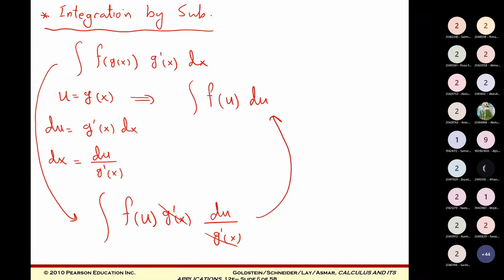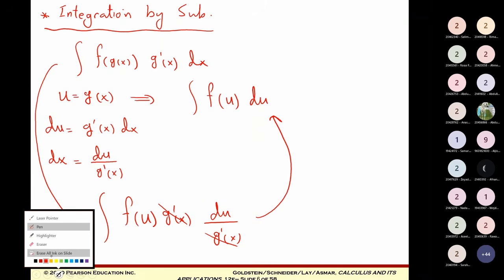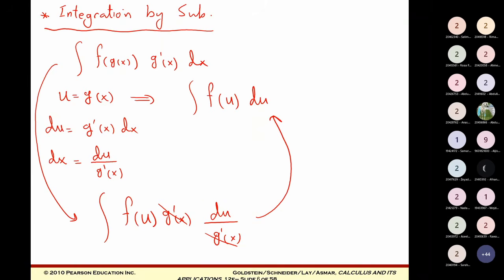Okay, now we must substitute two things. Which ones? g(x) and dx. Replace g(x) with u and dx with du over g prime. We can convert the integration from x to u to find the integration the easy way.